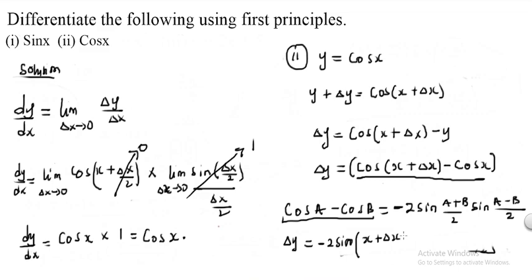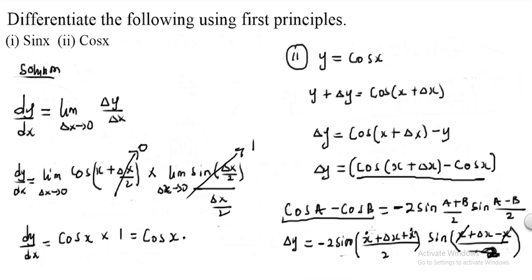So we say this is plus x divided by 2. And then we say sine of (x plus delta x minus x) divided by 2. Minus x here cancels out plus x here, and then you have x here adding up to x here.